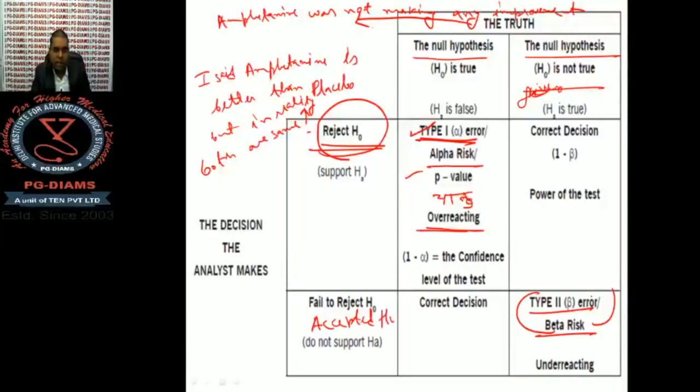I accepted the null hypothesis and I acted as a बेवकूफ, or it can also be called underreacting. I did an underreacting. This is type 2 error. Okay. So as you can see, a p-value means a type of alpha error. It's a type of alpha error.